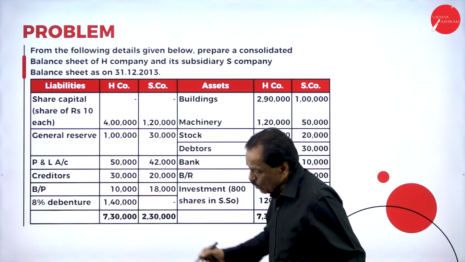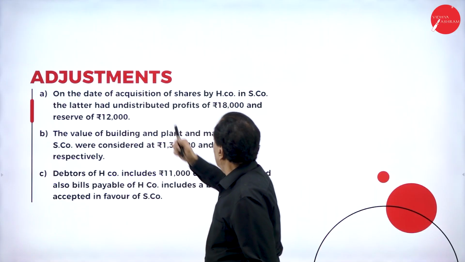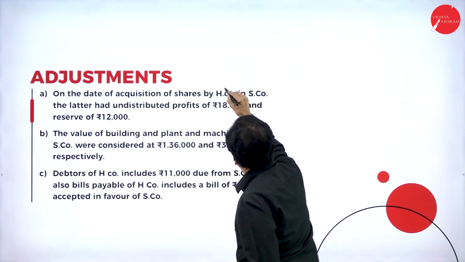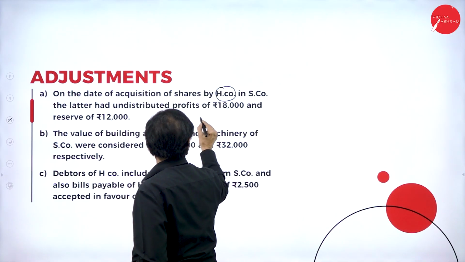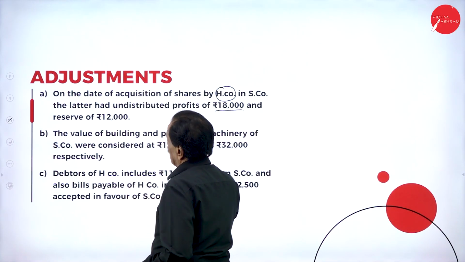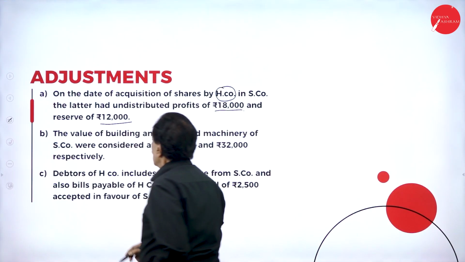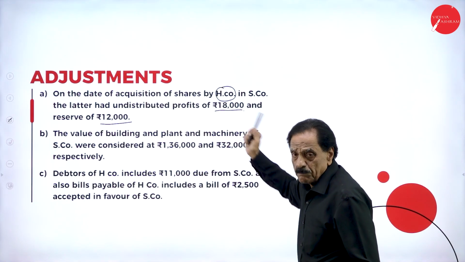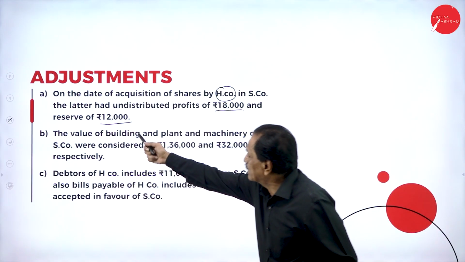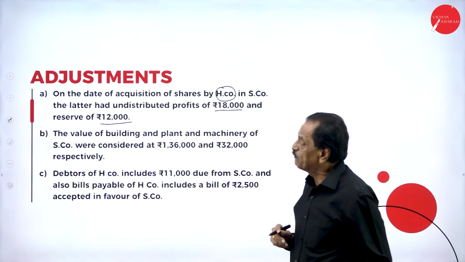So if you go through, on the date of acquisition of shares by H company in S company, the latter has undistributed profit of 18,000 and reserve of 12,000. Before acquisition, the profit of 18,000 is called pre-acquisition profit. It is called pre-acquisition reserve.